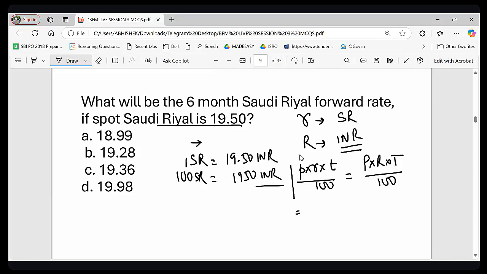So these are the interest rates. This is the interest for Saudi Riyal, and this is the interest for our Indian rupees. And then we are just adding it to the principal. So P plus P into R into T upon 100.